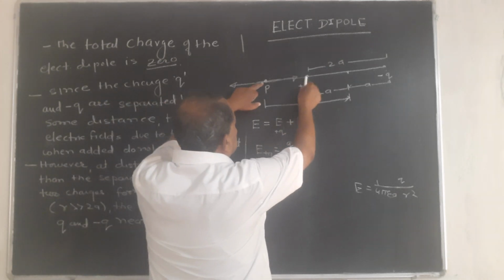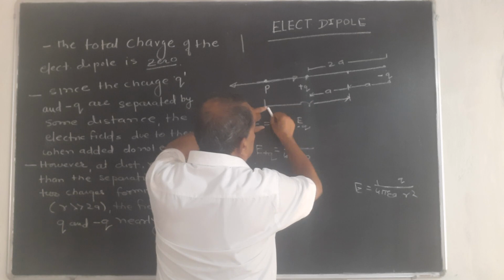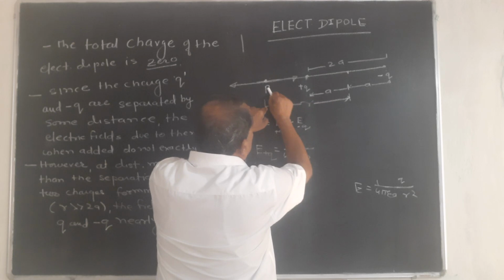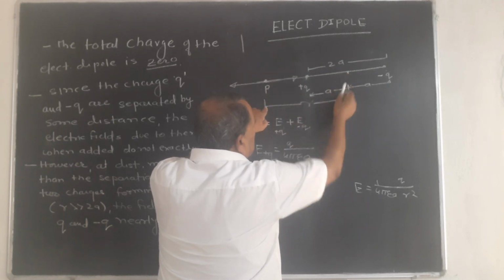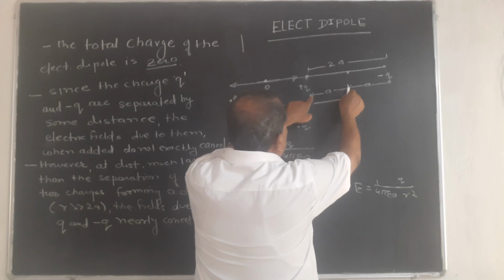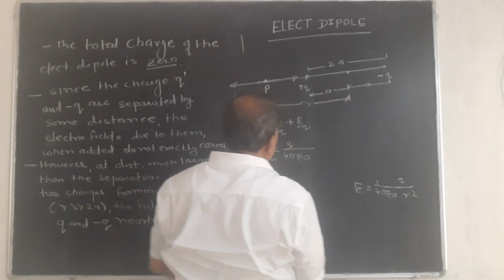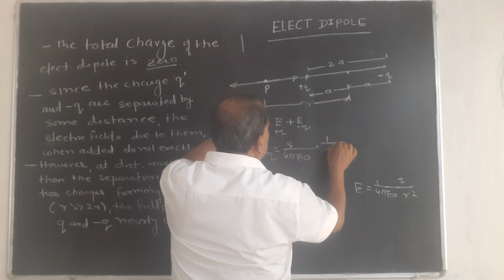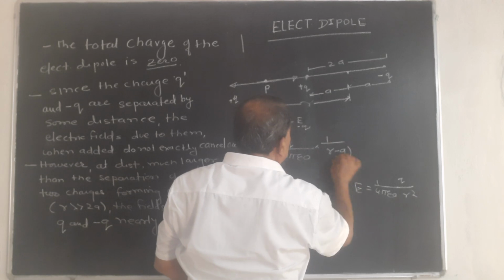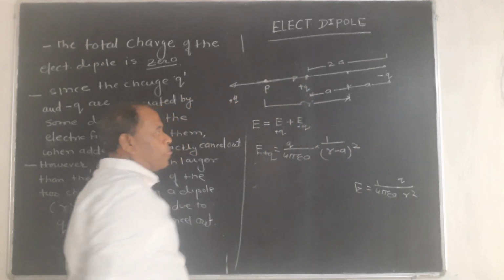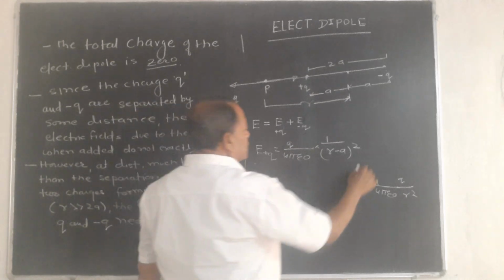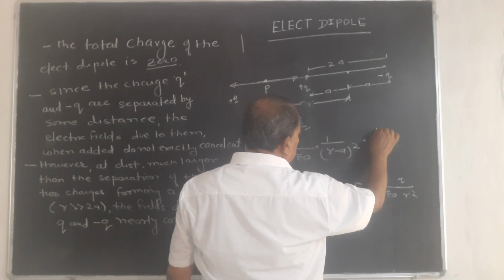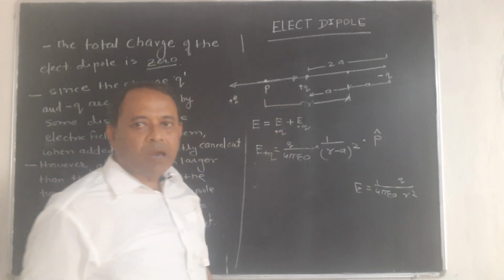So total distance minus this distance gives the distance: from P to the midpoint of the two charges is r, and so the distance to the plus charge is (r minus a) squared. Since it is a vector quantity, P is a point, and we write the unit vector as P cap.